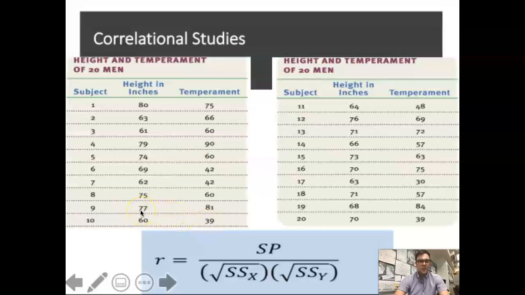Participant number 9, 77 inches tall, 81. Let's look at another one. Participant 11, 64 inches and 48. So through this data on this table, we could make an assumption that there is a possible relationship between height in inches and temperament.